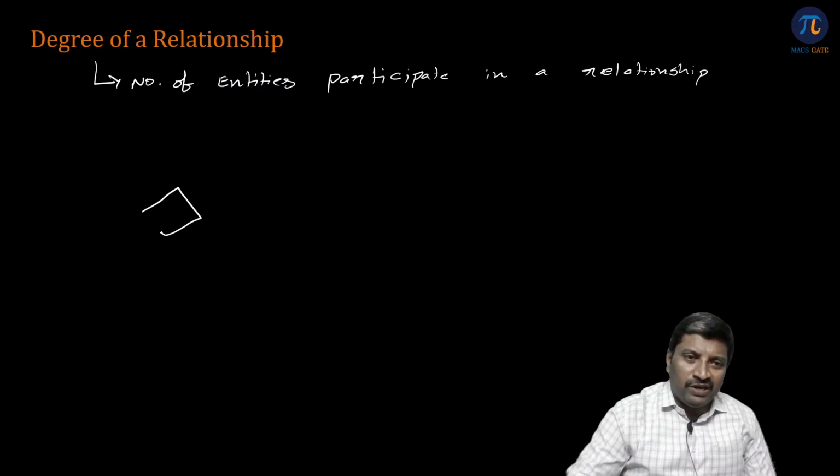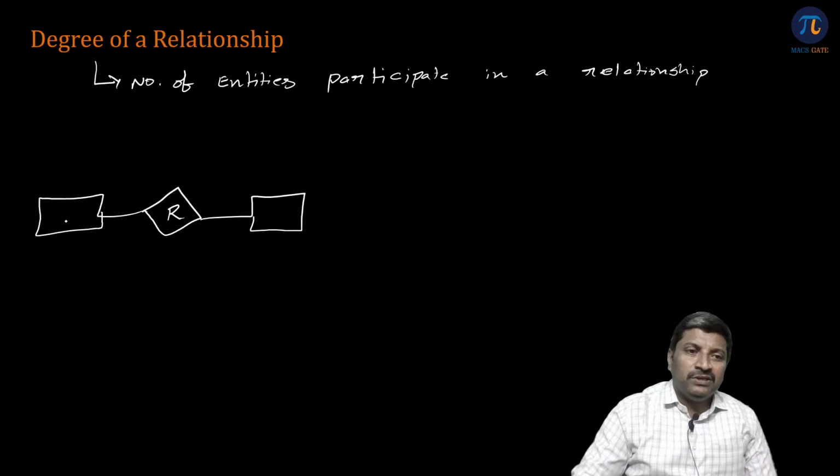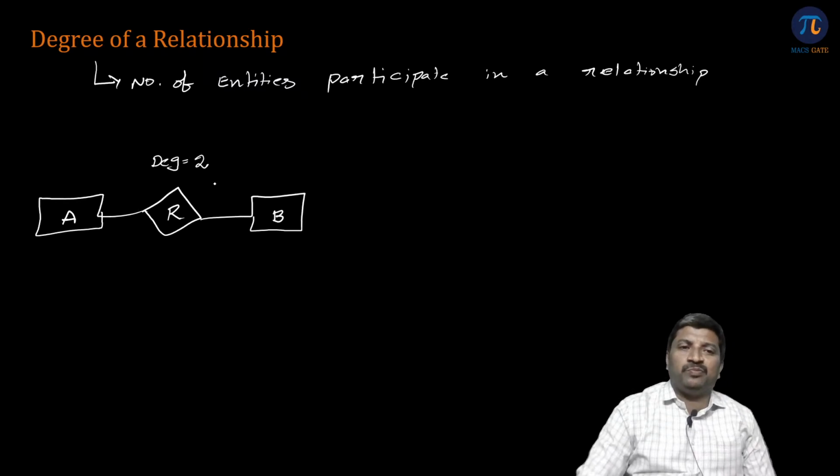Suppose I have a relationship R. Here there are two entities which are participating. Sir, entities are we are saying, okay. So this is A, this is B. These are the two entities. Then the degree is 2 because two entities are participating.